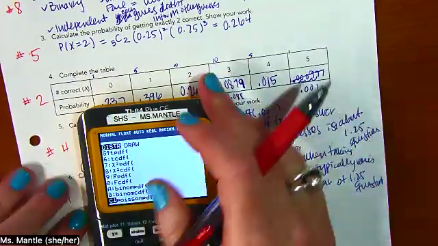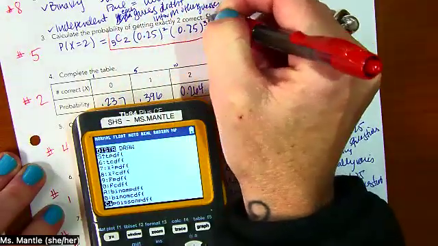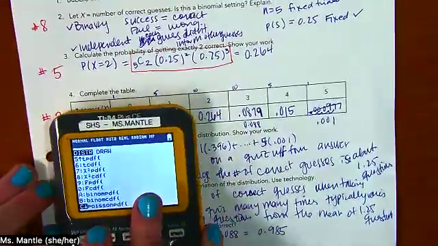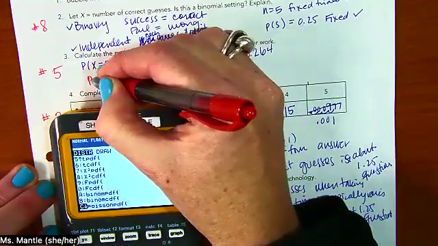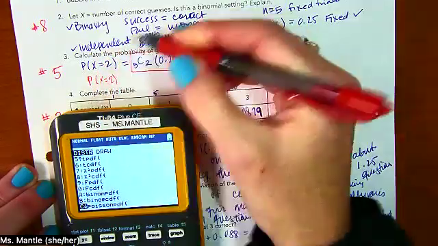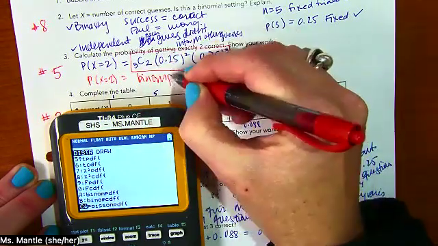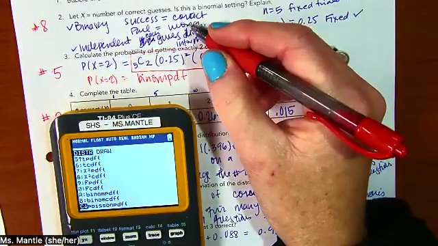Now you still would have to show some work. I still want this work. I want to see the values plugged into your binomial formula. But for this first one here, P of X equal to 2, this is a binom PDF. We use PDF when we're looking at just a single value.